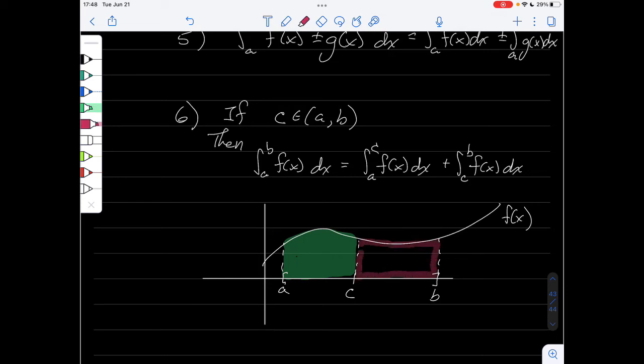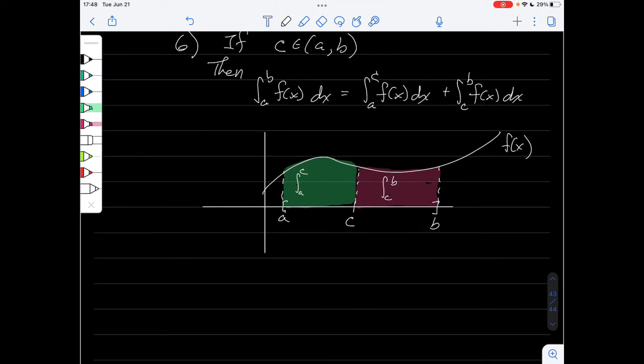And this guy over here is the integral from c to b. And so the integral from a to b of f is equal to the green plus the red. Okay. And these are basic equality properties for integrals.